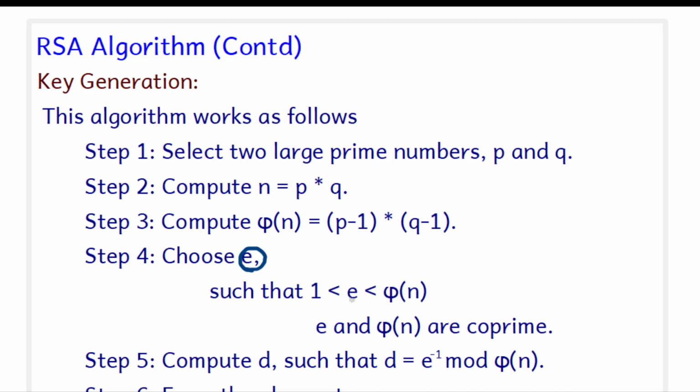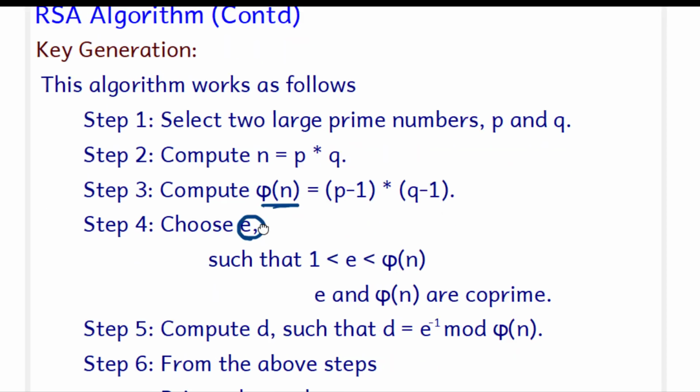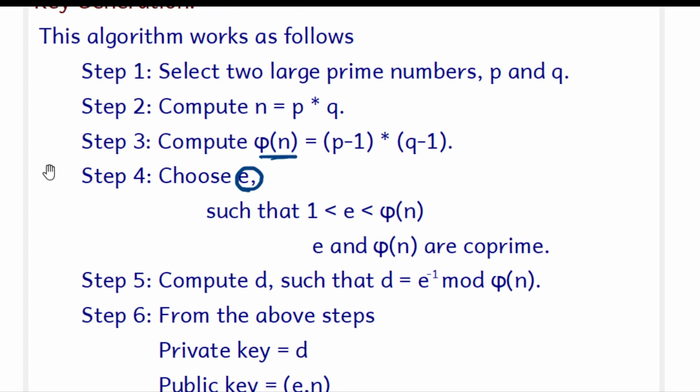First, E should be more than 1 but less than phi, which we calculated in the previous step. Second, E and phi should be co-prime, meaning they have no common factors. Then Alice computes D such that D is equal to E inverse mod phi. This is how she calculates D.